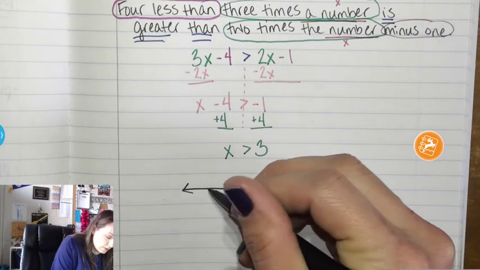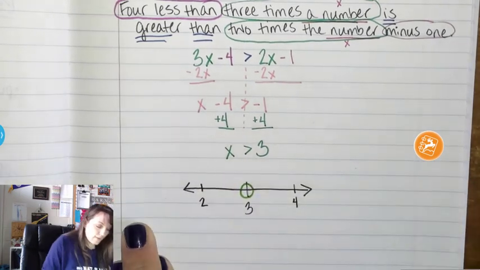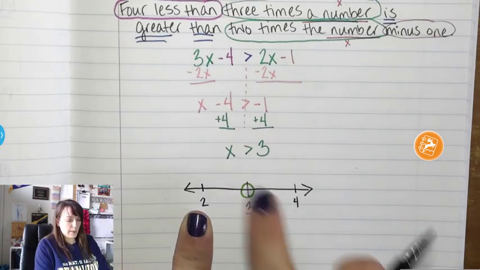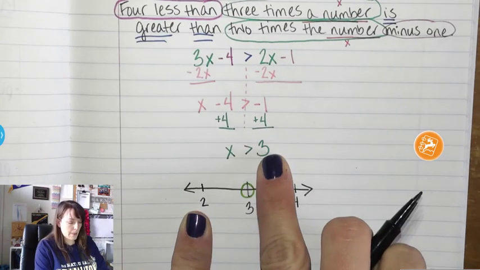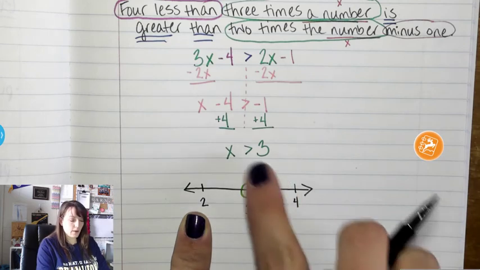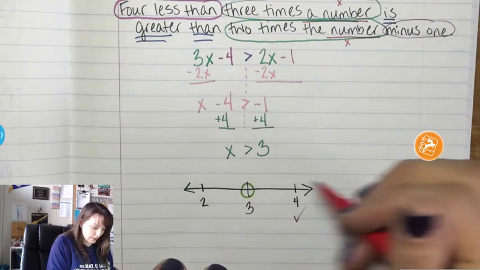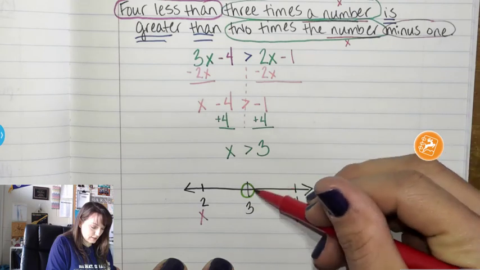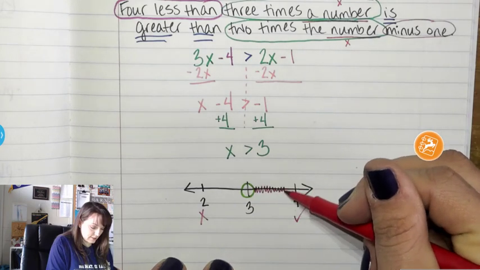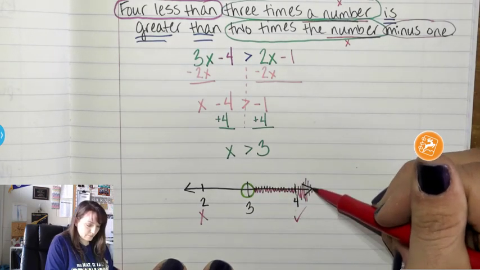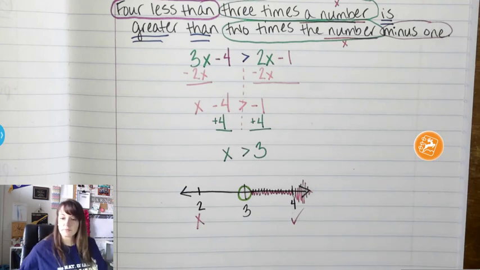And one number smaller? 2. Is 2 bigger than 3? No. Is 4 bigger than 3? Yeah. So which side do I shade? Towards the 4. So this side works, this side does not. So you shade your line this way. That's it.